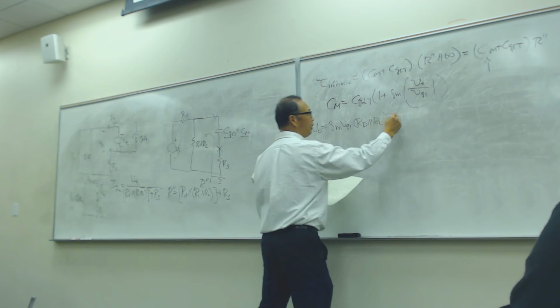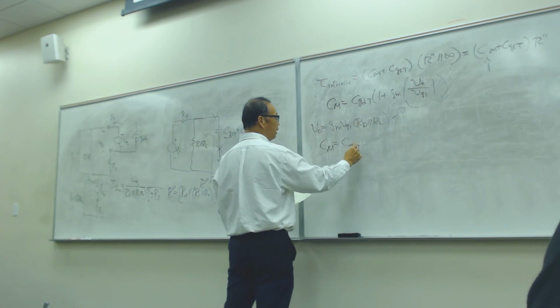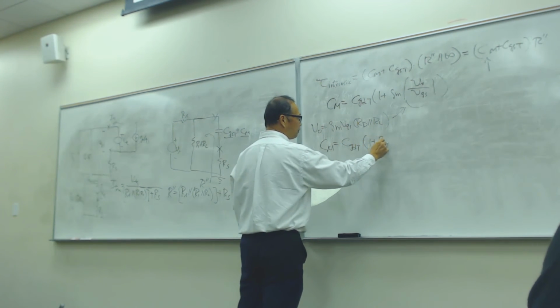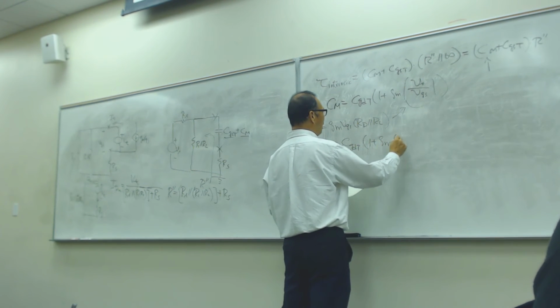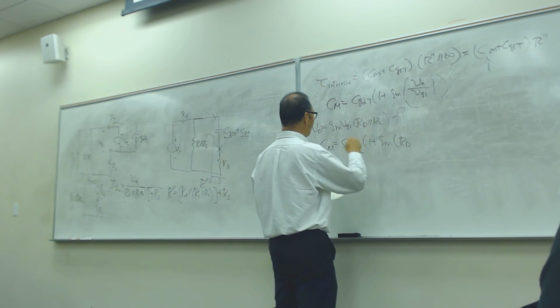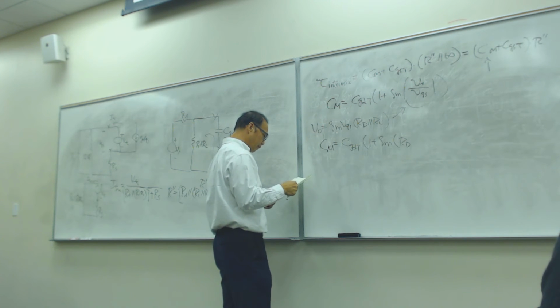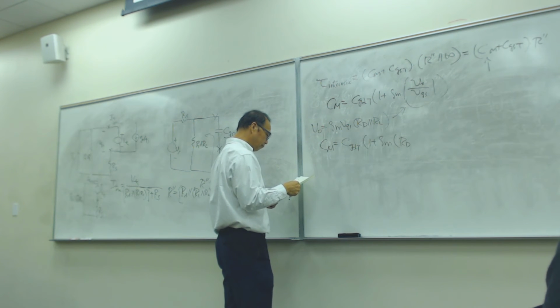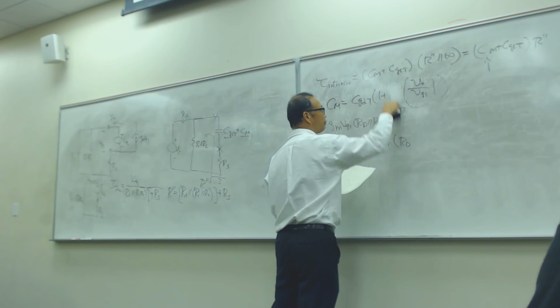So therefore, if you put it here, your C sub n will be CGDT times 1 plus G sub m, what? RT. Oh, I had two G sub n, correct? Let me see. Okay, I made a mistake.